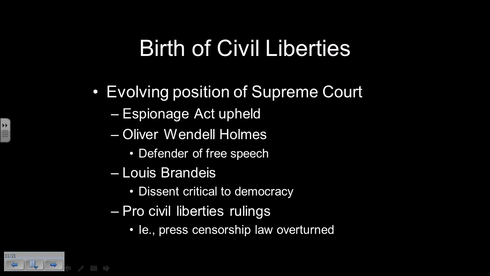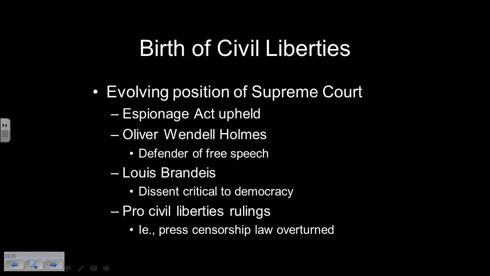Because of this shift in thinking on the Supreme Court, other cases which came to the Supreme Court started getting a more sympathetic hearing. For instance, at the end of the 1920s, when this shift towards more liberal thinking took place, the court overturned a law from Kansas that banned advocating unlawful acts to change the government or economic system.